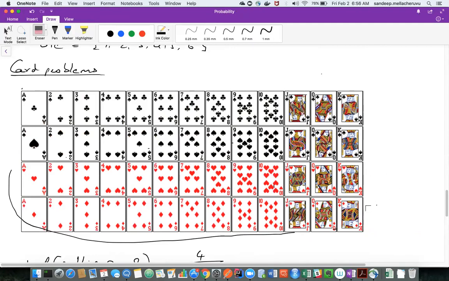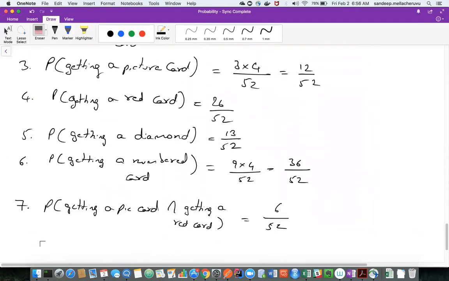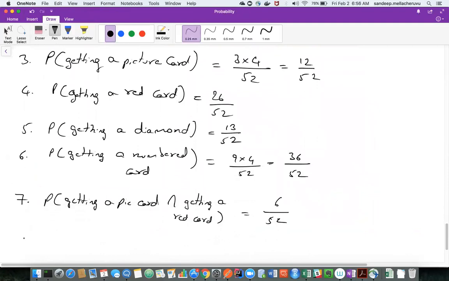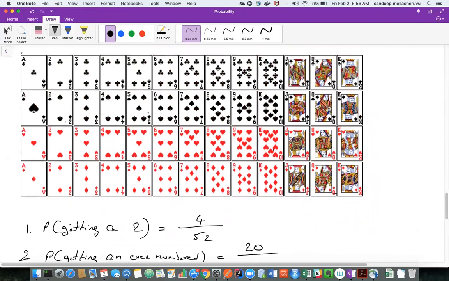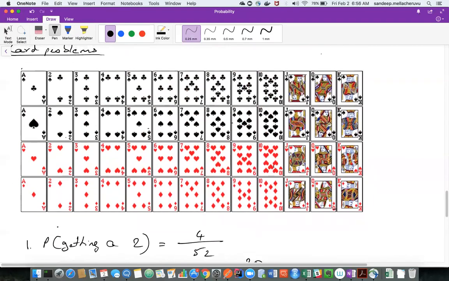So that's how you do the card problems. Let me give you one more puzzle and stop this part of the discussion here. So let me ask you, anyone can answer now, whoever is quick enough. I want the fastest student first.